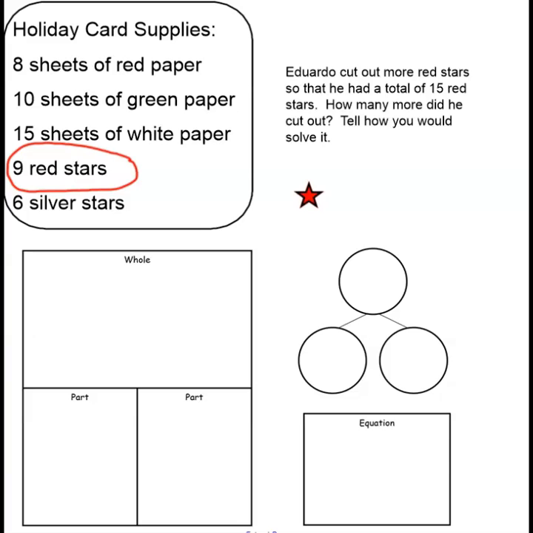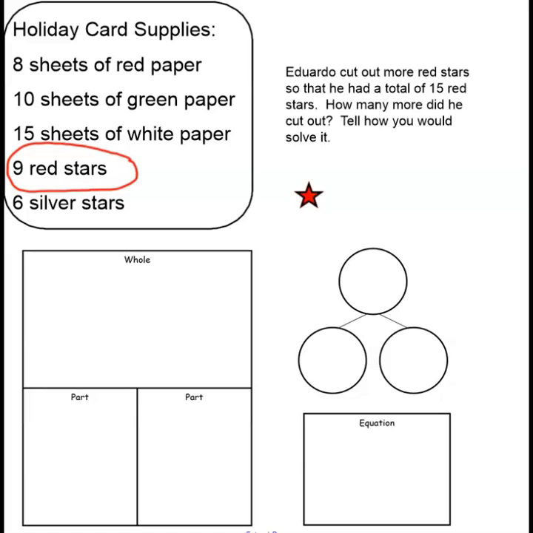We want to know how many did he cut out. So let's reread the problem with our numbers to talk about what they represent. Eduardo cut out more red stars so that he had a total of 15 red stars. How many more did he cut out?